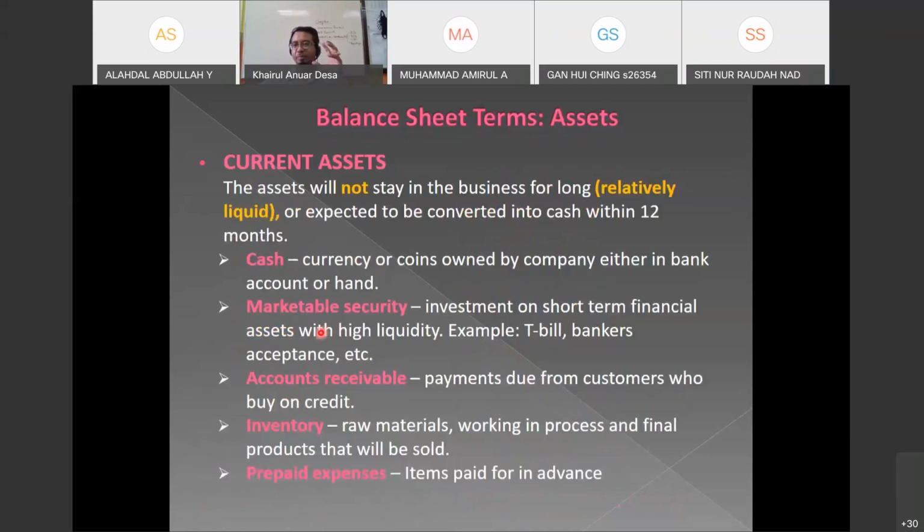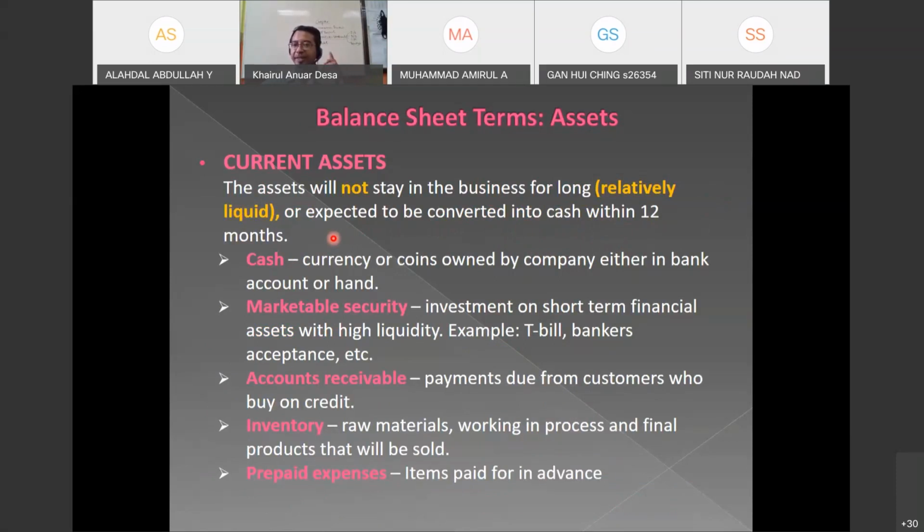So, balik pada sini. What is the current asset? Not stay in the business for long term. Converted within 12 months. Faham tak tadi?